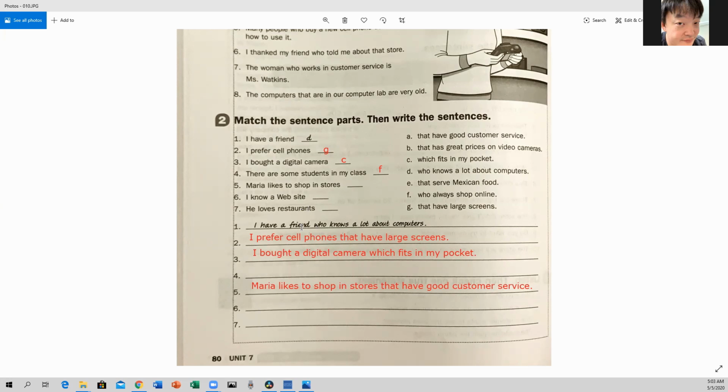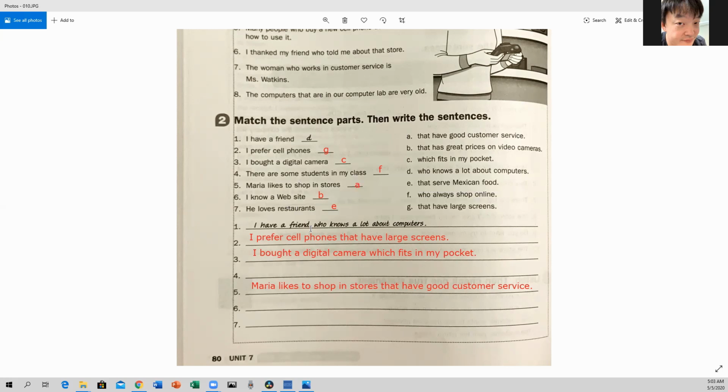In number 6, I know a website that has great prices on cameras. Very good. That's letter B. And he loves restaurants that serve Mexican food. Yeah, I just switched that one here. So Maria likes to shop in stores that have good customer service. Letter A. Okay. So these are the ones that I have to fix.